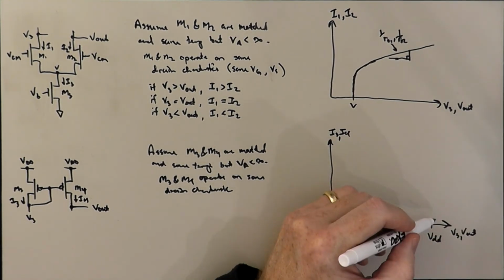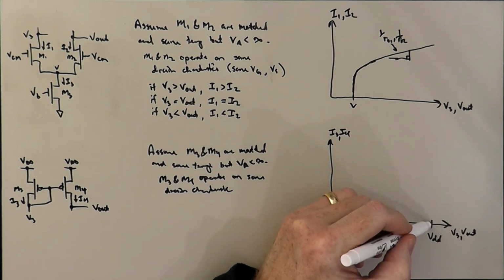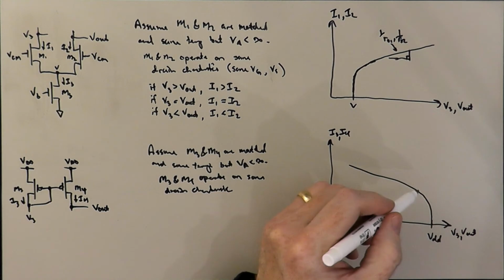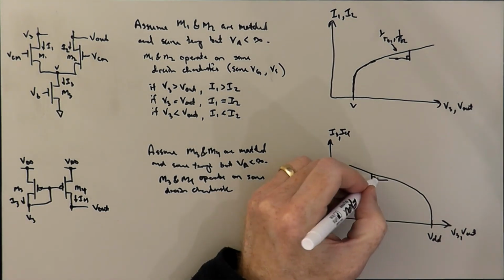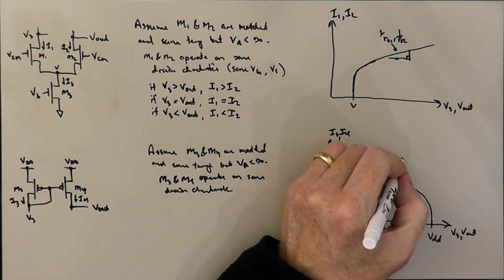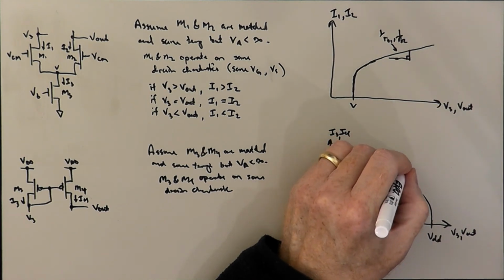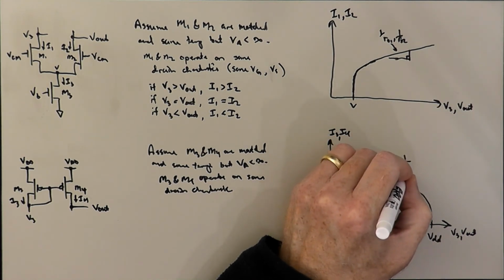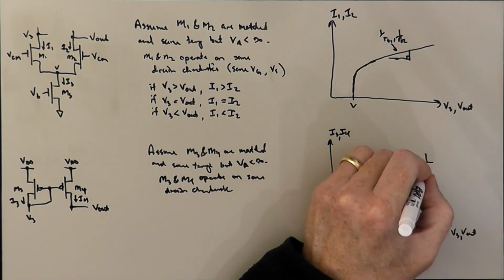And these drain characteristics are deep in the ohmic region up at VDD, and they'll come up like this and be shaped more like that. So there'll be some slope here, which is going to be basically 1 over RO4, 1 over RO3.